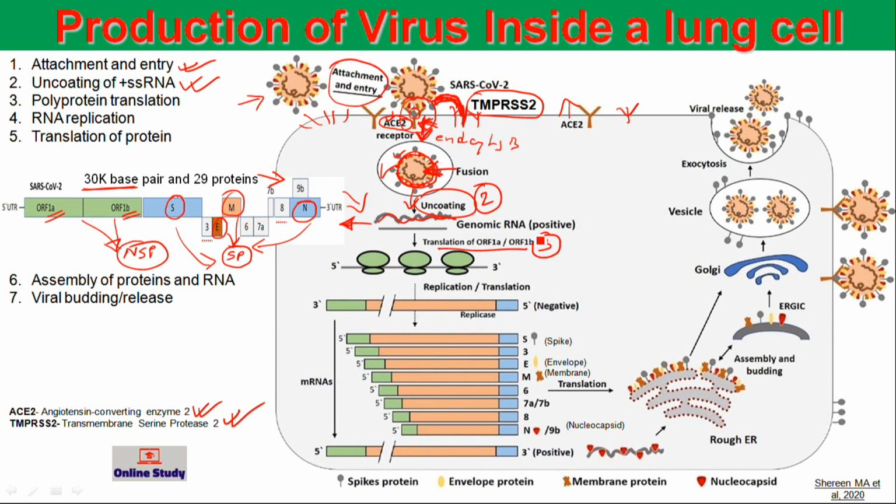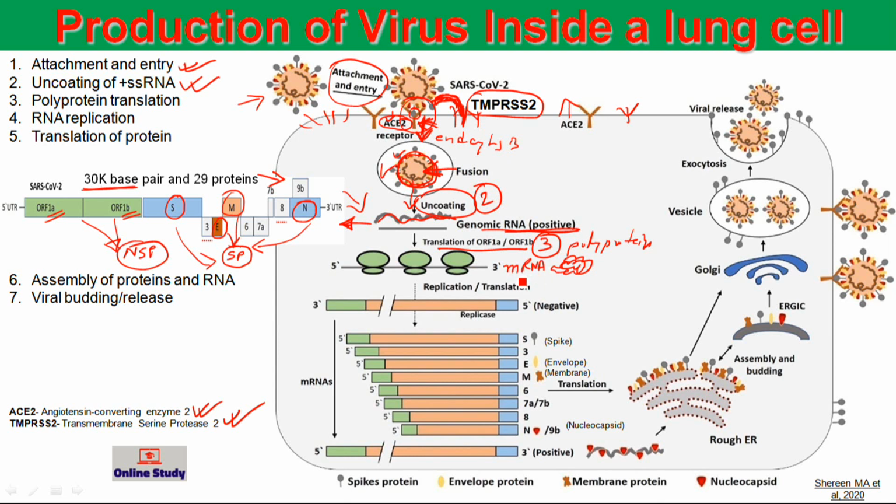That means that from this RNA, our cell's ribosome translates a polyprotein. Polyprotein means that multiple proteins are attached together. Since this virus RNA is single-stranded positive sense RNA, our ribosome can treat it as a messenger RNA.